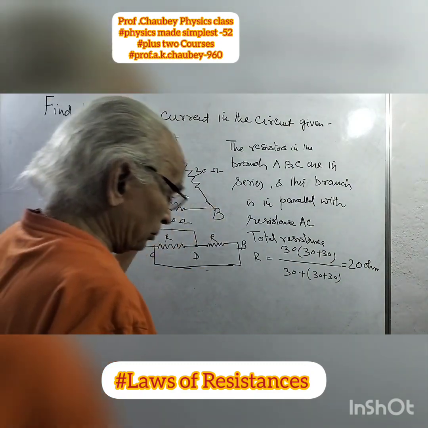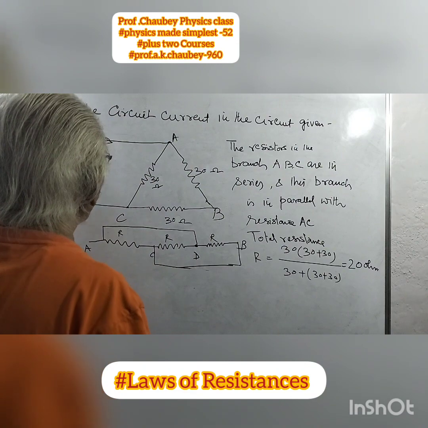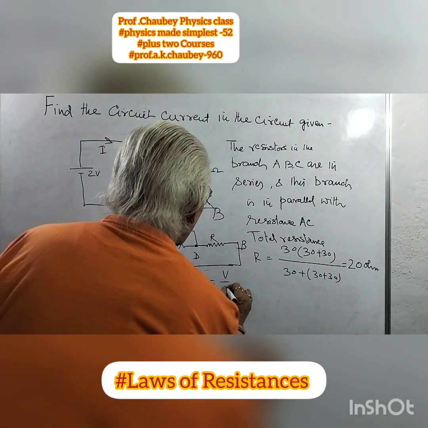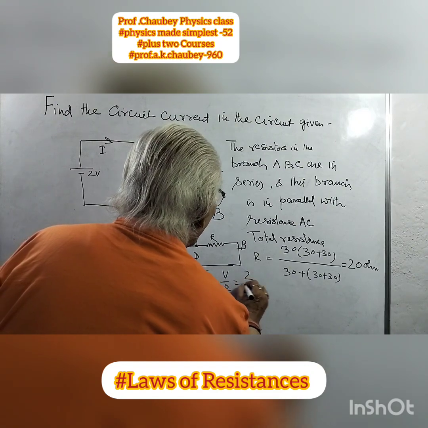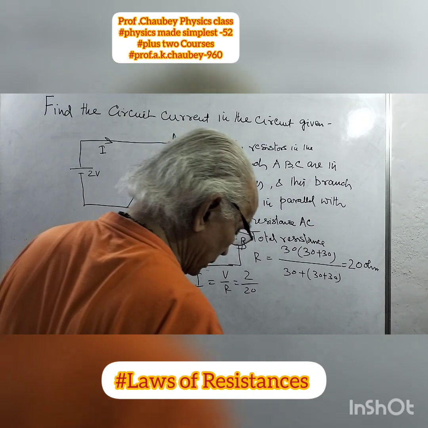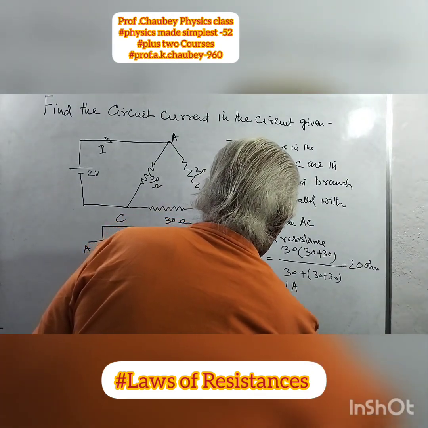So R is 20 ohm. Now the current: you have 2 volts, so I is equal to V over R, which is 2 over 20, so 1 by 10, that means 0.1 ampere.